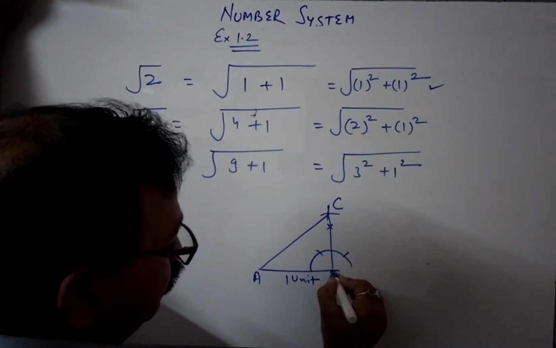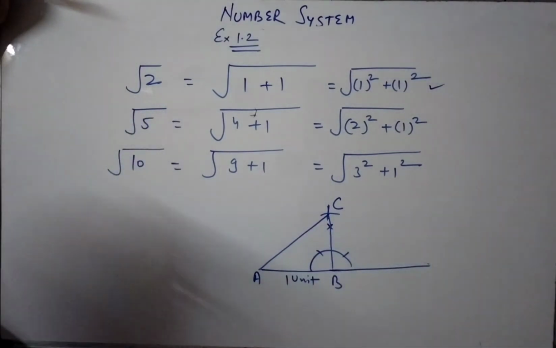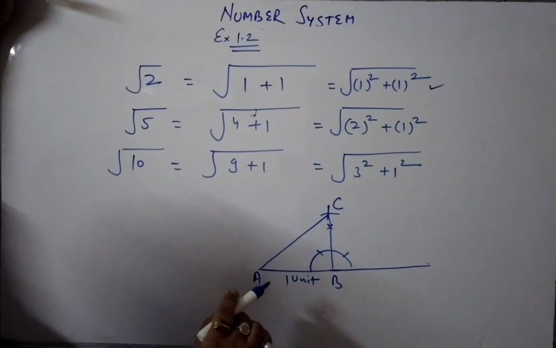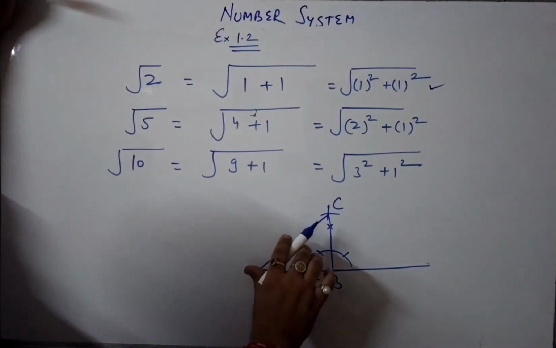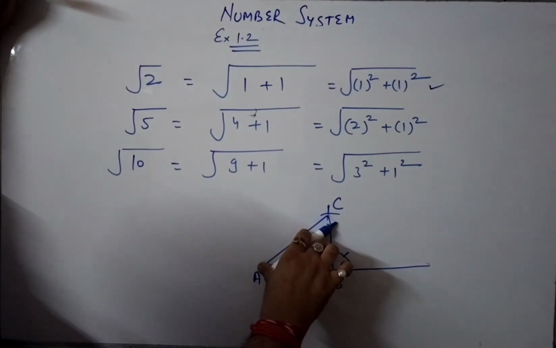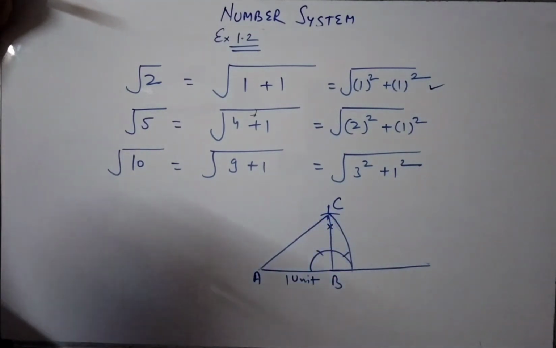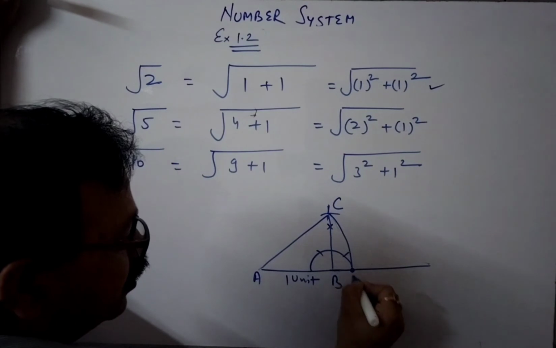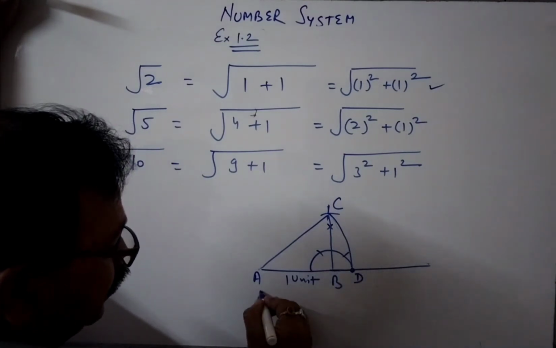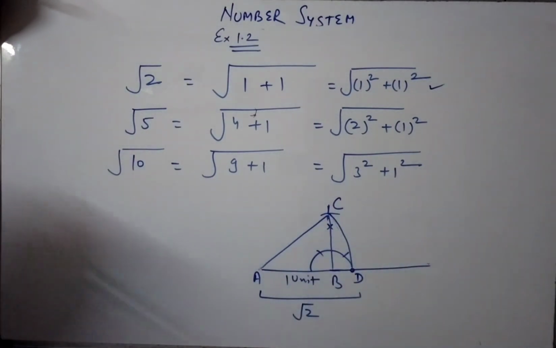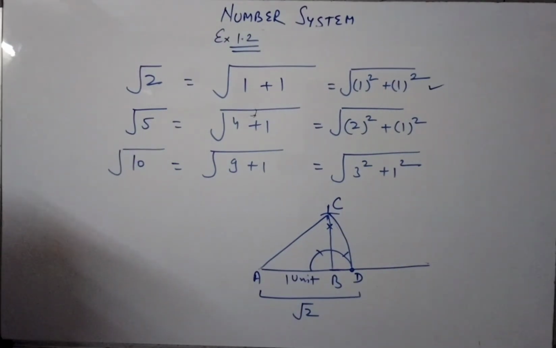Taking an arc of AC, keeping the needle of the compass at point A, cut an arc of AC intersecting the extended line at a point, and mention it as D. This whole value is considered to be root 2.